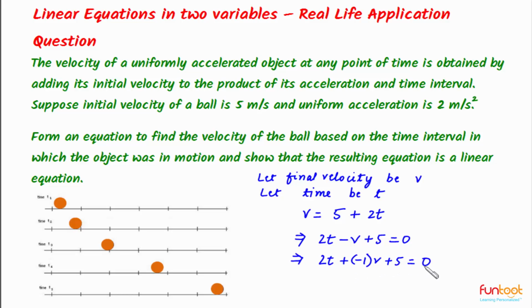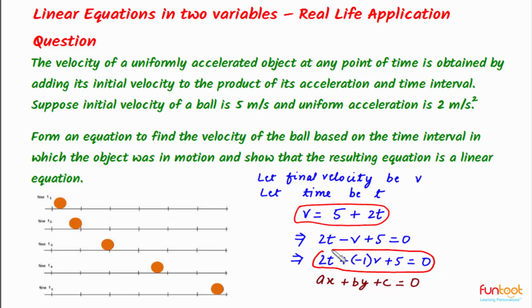Now this comes in the general form of the linear equation in two variables, that is ax plus by plus c is equal to 0. So that means this is the equation for the velocity of the ball which we had to form in the question, and here we have shown that this indeed is a linear equation in two variables, as it is in the same form as the general linear equation in two variables.